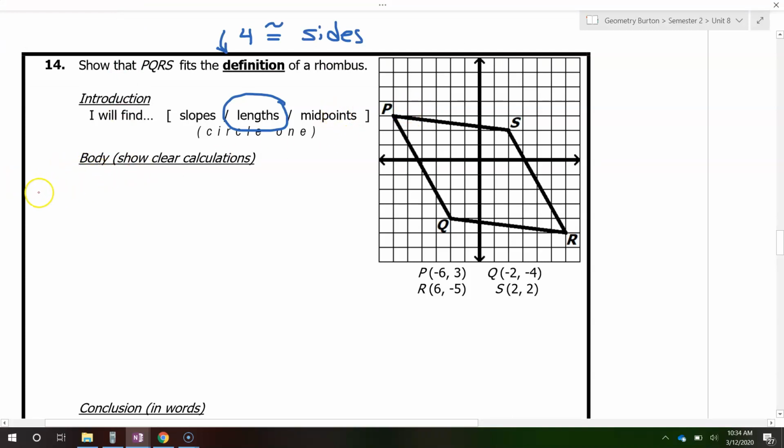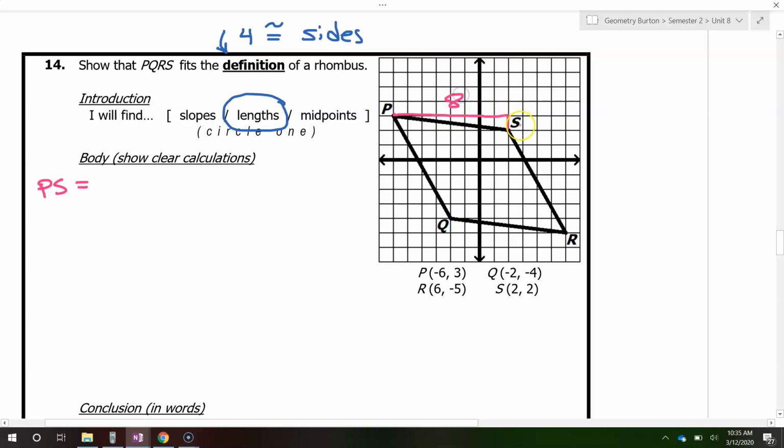Let's find each length. So for example, I'm going to find length PS. I'm going to do this using the Pythagorean Theorem. So if I draw a little triangle where PS is the hypotenuse, then I can do the Pythagorean Theorem. The vertical piece is 1, and the horizontal is, let's see, 3, 6, 8.